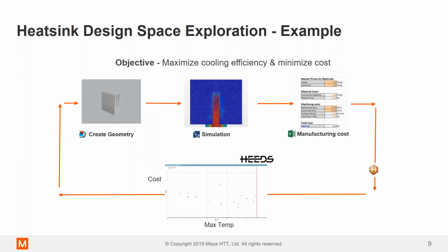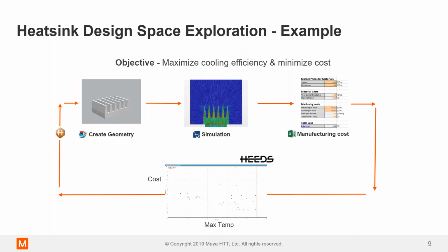On the screen at the moment is a relatively simple engineering example, but it will hopefully help me to demonstrate some of the key aspects of design space exploration, in particular with a product called Heat, which allows you to bring together different simulation tools and explore design spaces to hopefully improve your products and understand them better.